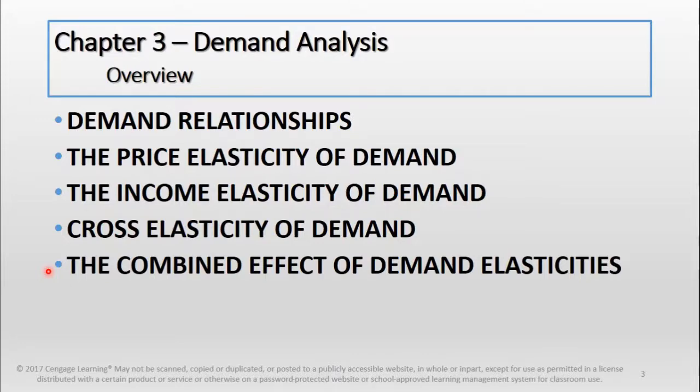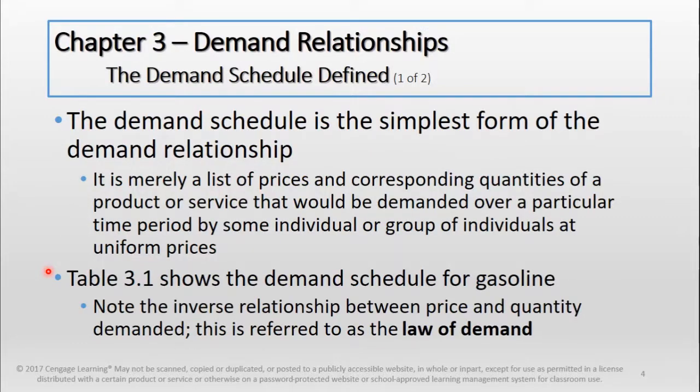To start, let's have a brief recall on what demand is and the demand schedule. This was already briefly touched on in the previous chapter. Again, the demand schedule is the simplest form of the demand relationship.